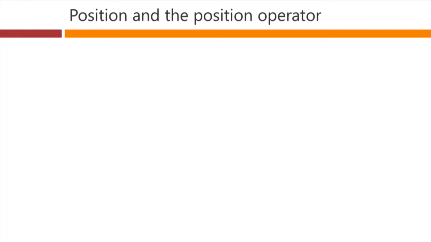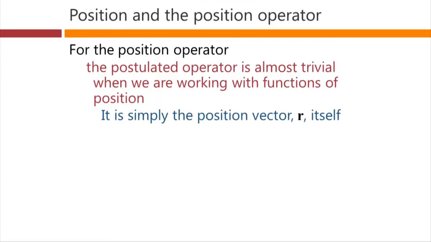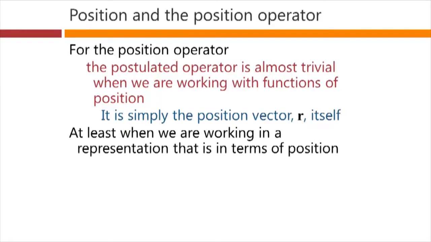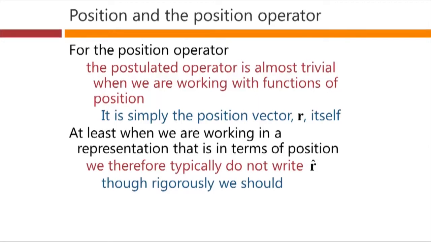Now let's look briefly at the position operator. For the position and the position operator, we simply postulate that the operator, which turns out to be almost trivial when we're working with functions of position, is simply the position vector r itself. At least when we're working in a representation that is in terms of position, we therefore typically do not write r with the little hat on it, though perhaps rigorously we really should do that.